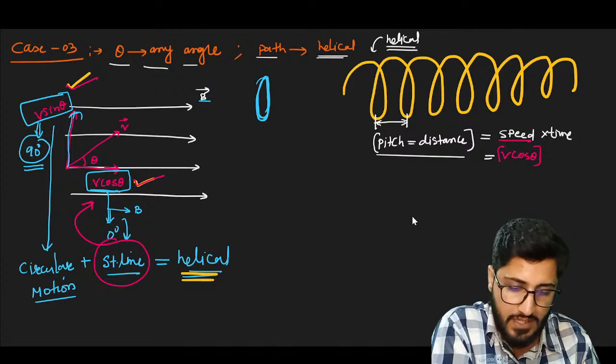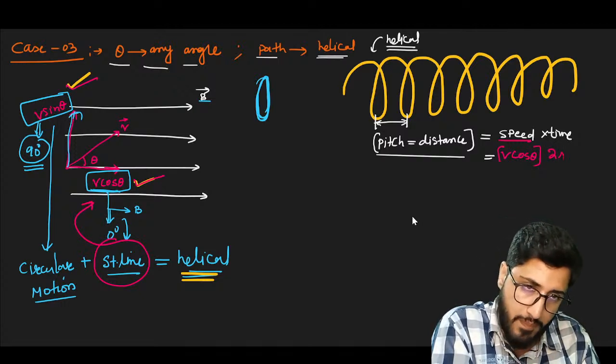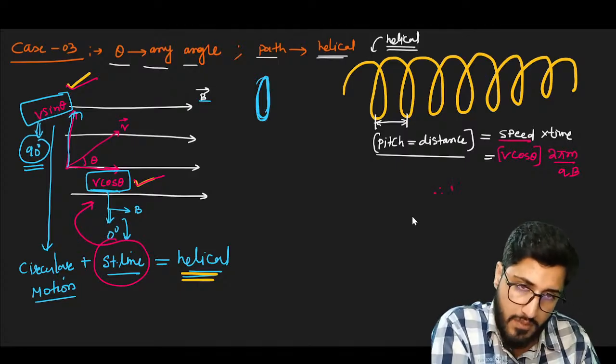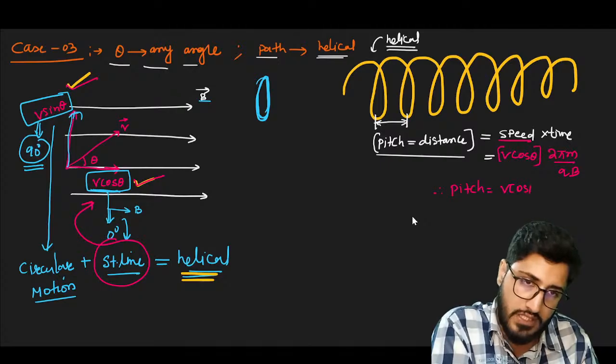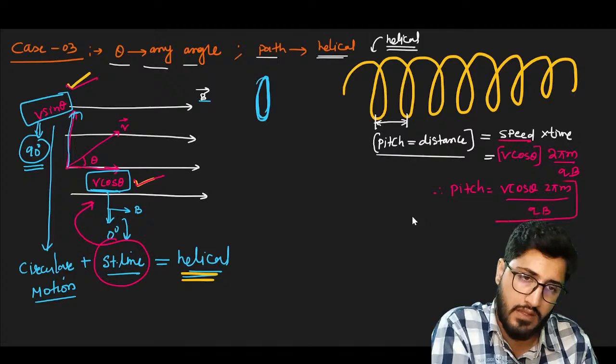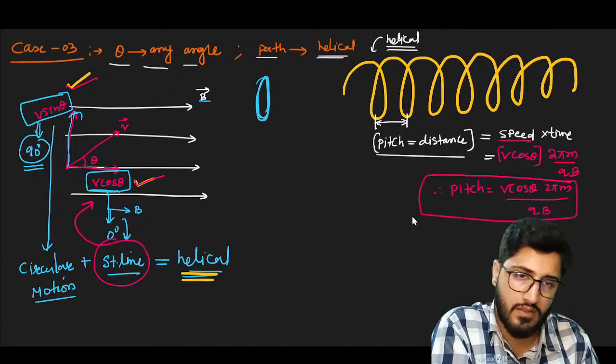Then time. What is time? Is it 2 pi m by qB? Therefore, I can write pitch came out to be v cos theta into 2 pi m by qB. This is my pitch.